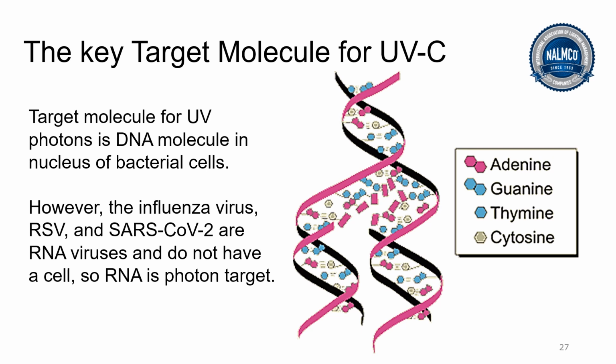But we won't go into further detail on that. However, the influenza virus, the RSV, SARS-CoV-2 are RNA viruses, and they don't even have cells, and they don't have DNA in a pure form.